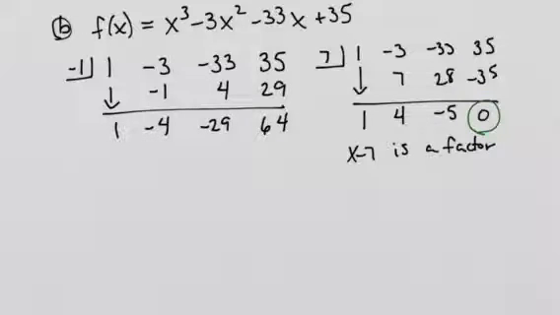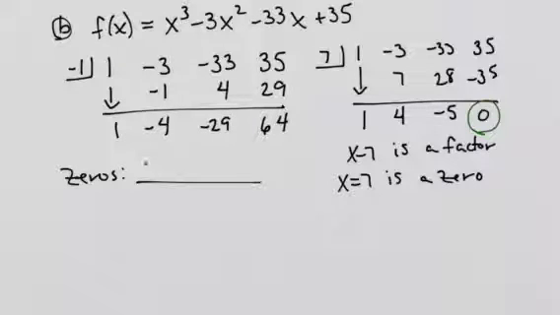X minus 7 is a factor. X equals 7 is a 0. So for our answer to state the zeros, we can go ahead and start to fill in the blank. 7 is one of those zeros. Part C told us to factor into linear factors.